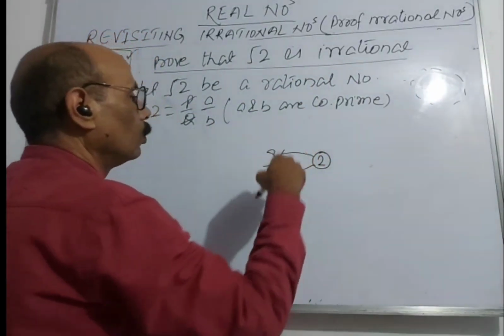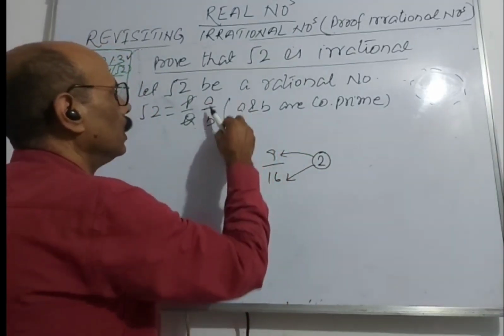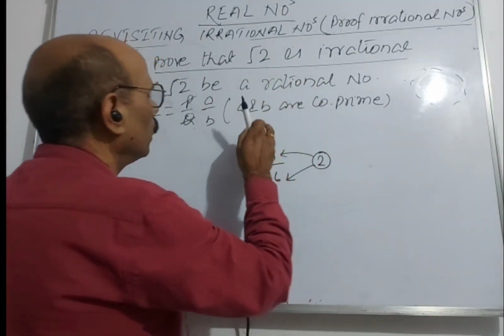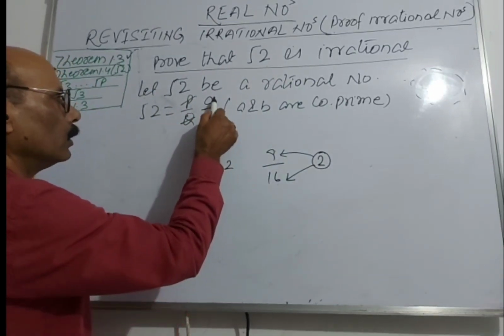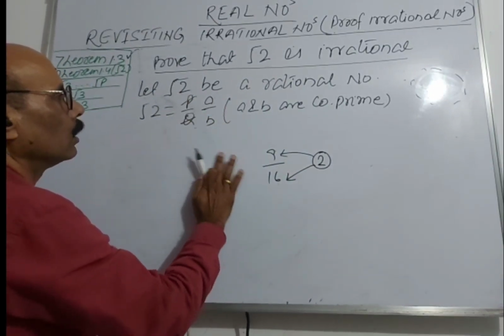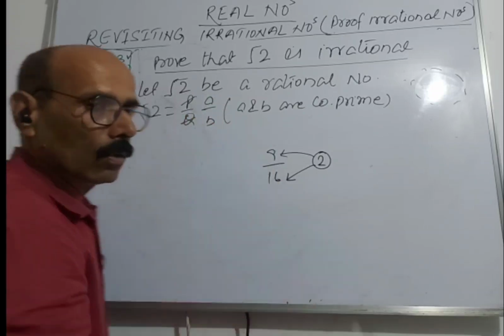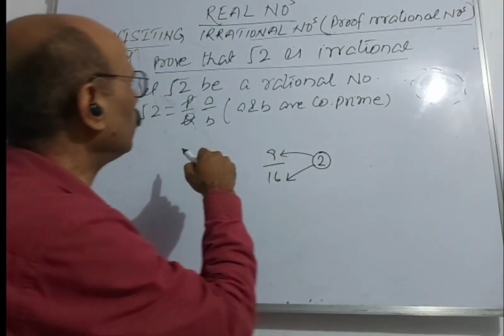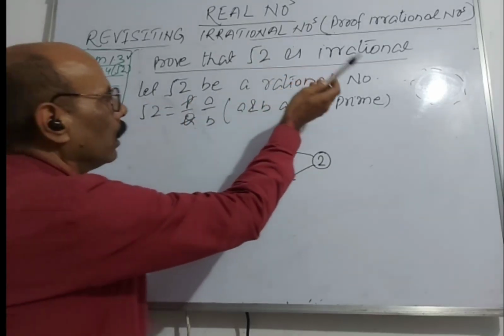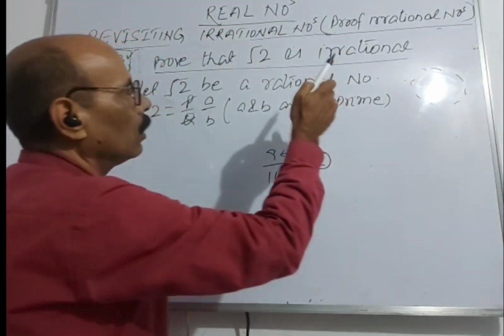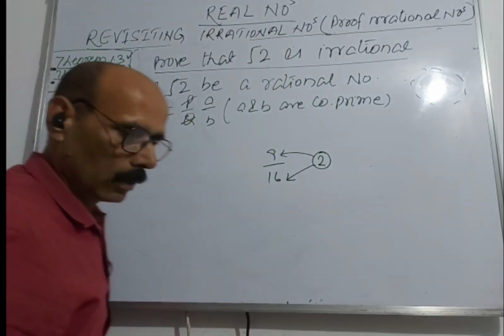Here a and b are co-prime, but we will prove one number which is a factor of both. Then a by b will not be co-prime, this assumption will be wrong, and the opposite assumption will be considered correct.